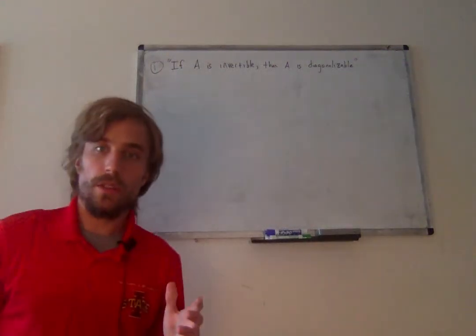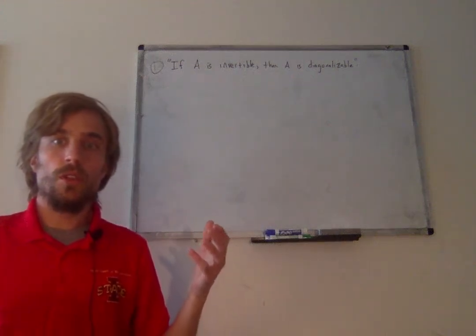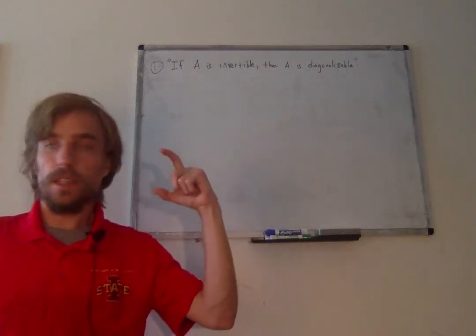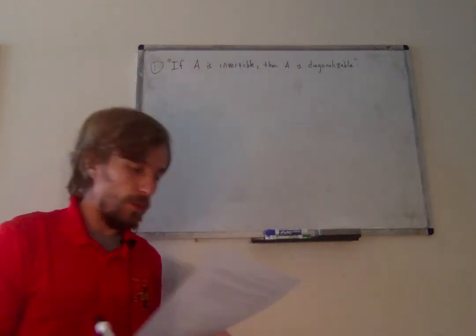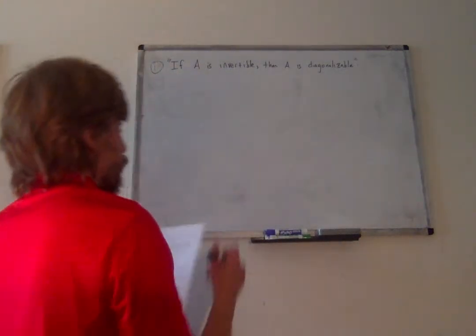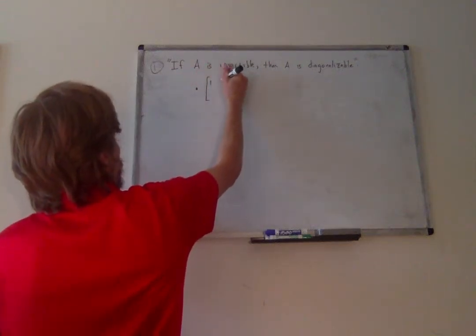So this is one of those that if we want to show this is sometimes true, we should actually find a matrix for which this statement is true and a matrix for which this statement is false. And with most of these, we can do this using 2x2 matrices.